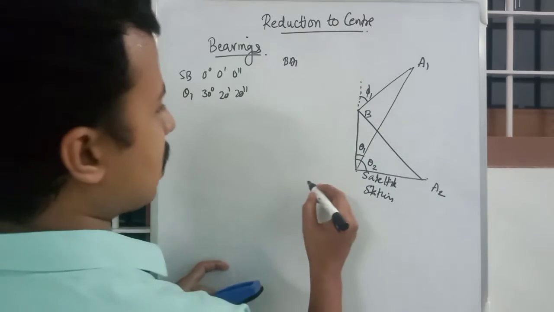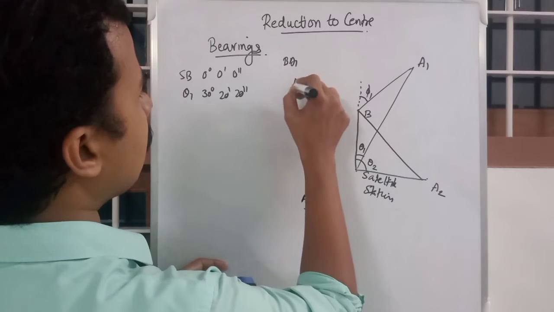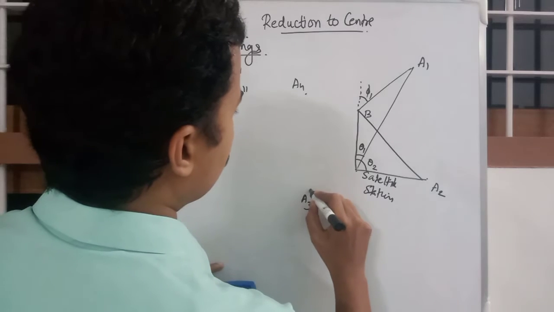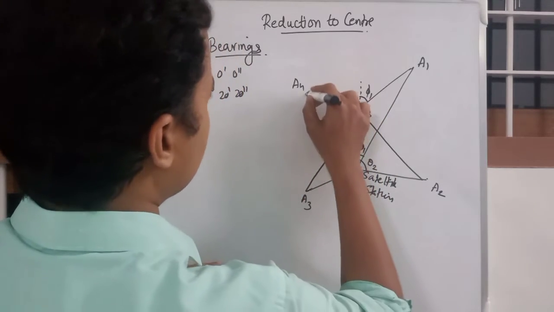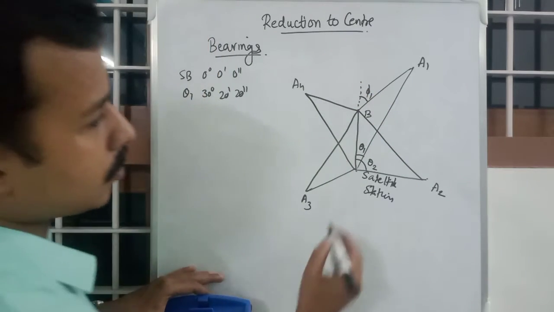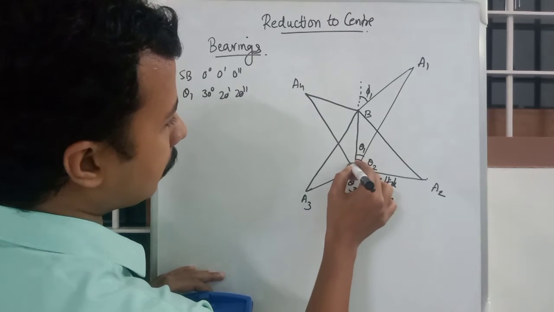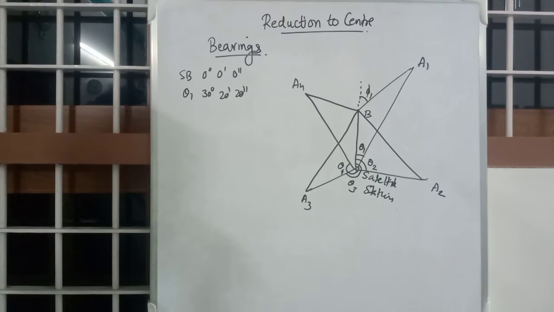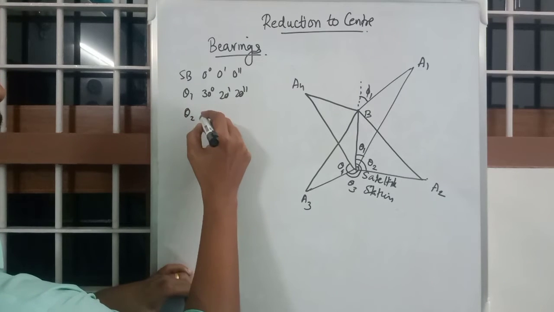There can be n number of stations, for example A3, A4, etc., okay. So this will be theta 3, this will be theta 4, okay.